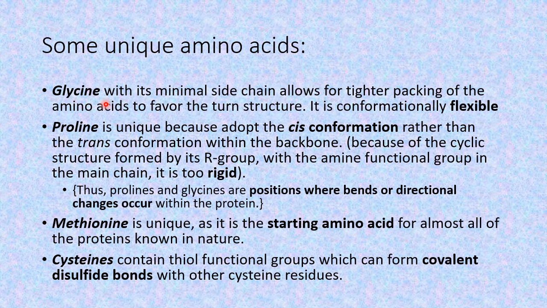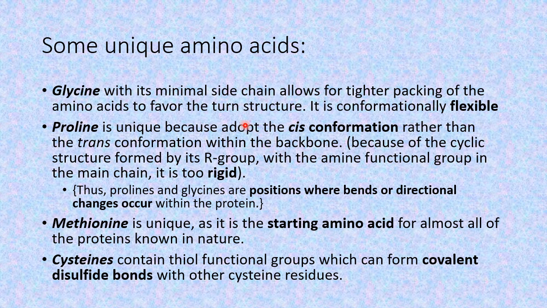Like glycine, it is the simplest amino acid in which the side chain, the R group, is a simple hydrogen atom. So this glycine, because of its minimal side chain, allows tighter packaging of amino acids.